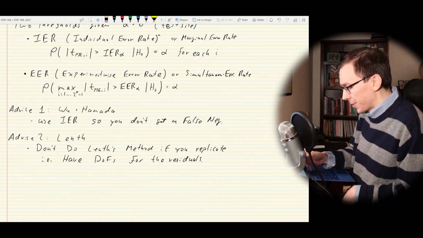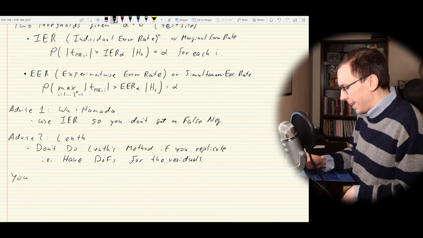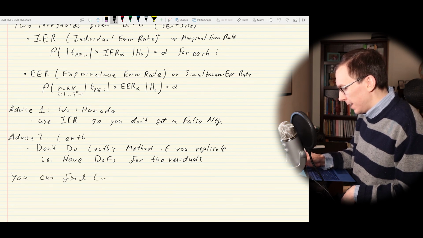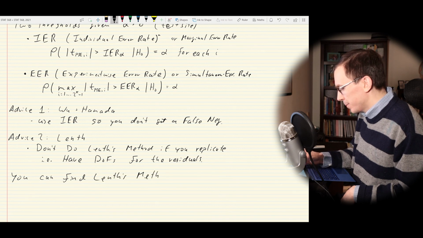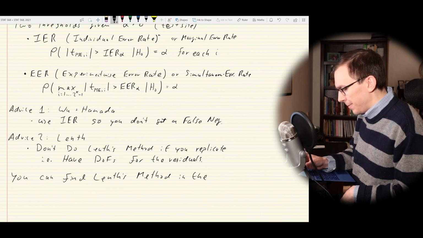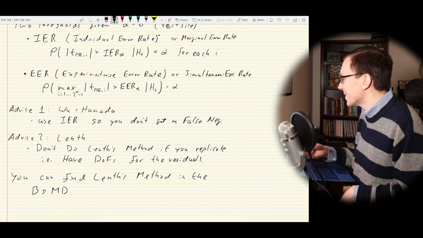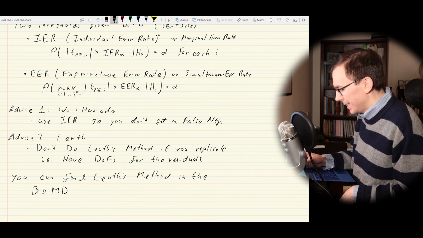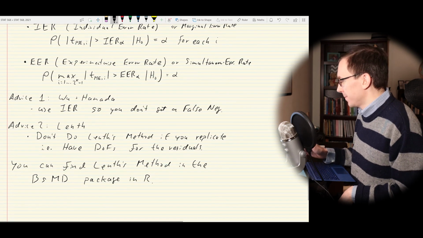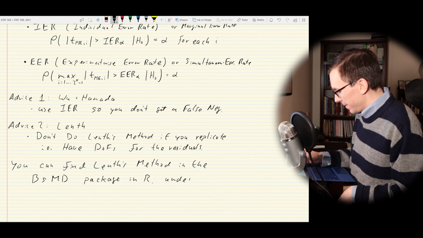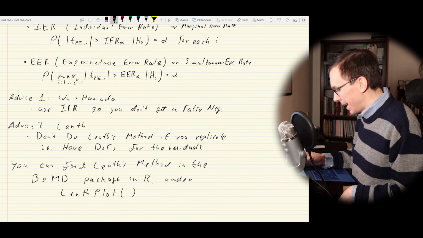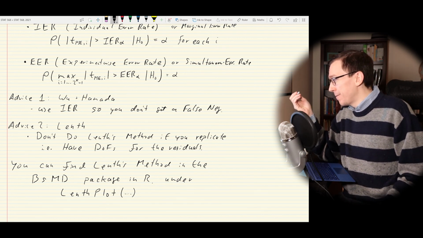I will mention this in the next lecture, but just to keep it together, you can find Lenth's method in the BSMD package in R, that's lowercase b, s, capital M, D, under a function called lenthPlot, which will give you a nifty plot where you can look at the magnitude of all the effects that you're testing in your factorial design.